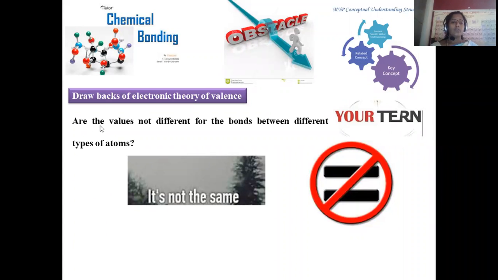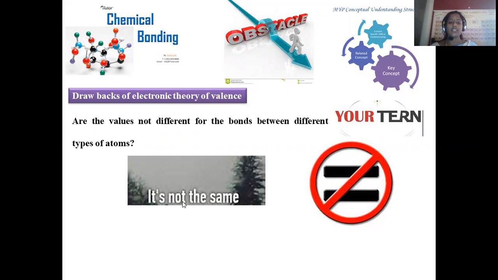One more drawback will be that the values are not different for the bonds between the different types of atoms. So here, if you are taking different bonds, different kinds of atoms combined, then bond lengths are varied or not. So here similarity will not be present extremely. No, they are not possessing similar kinds of values.